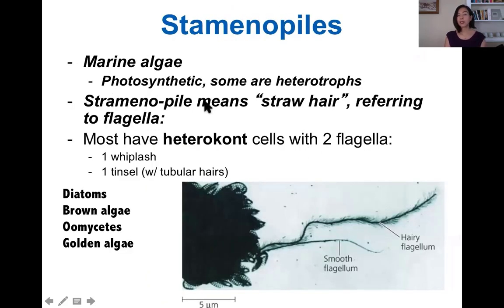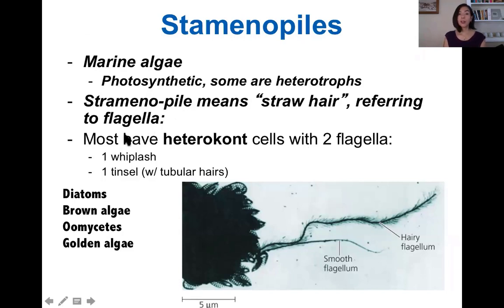Stramenopiles actually means straw hair, and the hair refers to the flagella. They are going to be photosynthetic, although some are heterotrophs. The ones that are photosynthetic are so because, as I explained, they engulfed this red algae, which already has a chloroplast in it.